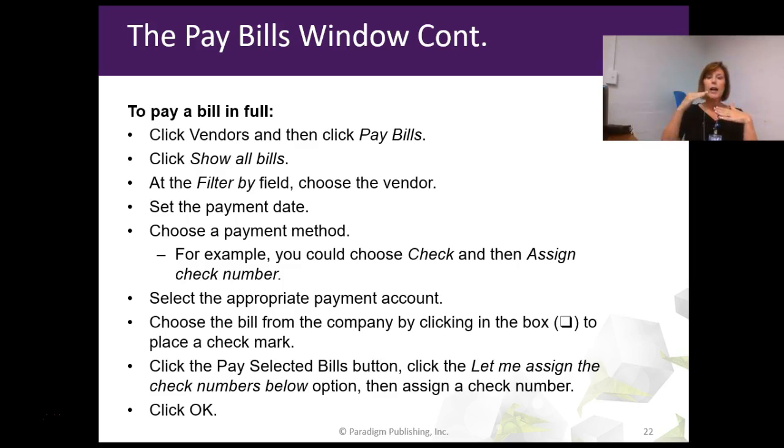If you are printing the checks simultaneously with paying the bills, then QuickBooks is going to know what check number comes next, and you're just going to let QuickBooks make that assignment for you. If, however, somebody has taken a manual check and gone and paid somebody and written it out by hand, you're going to need to make sure that the proper check number gets assigned to that transaction.